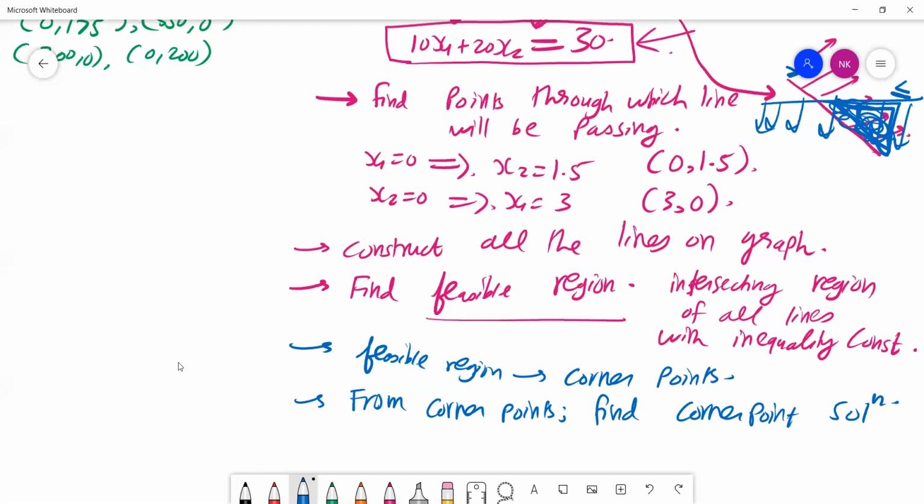Corner point solution. You put all these corner points that you will be getting in the form of x1, x2 into the objective function. This corner point solution is also called the feasible solution.